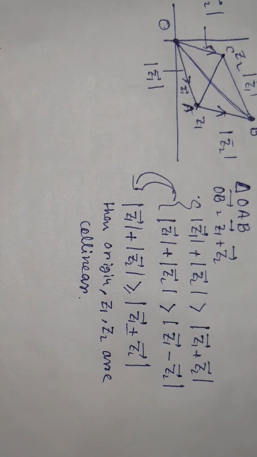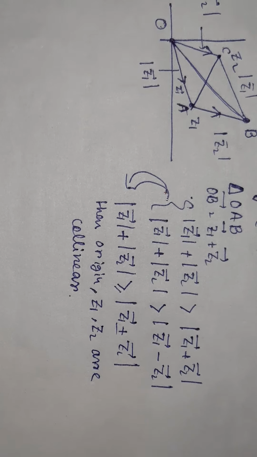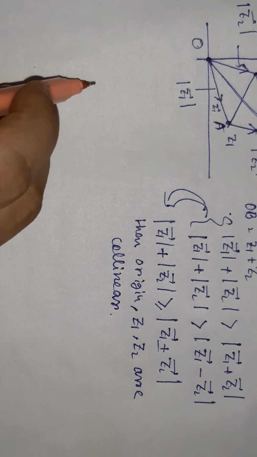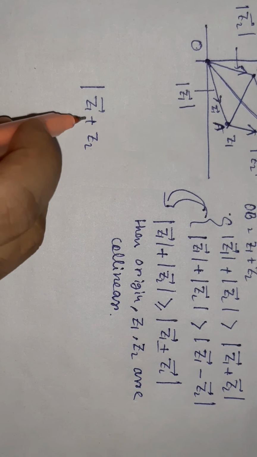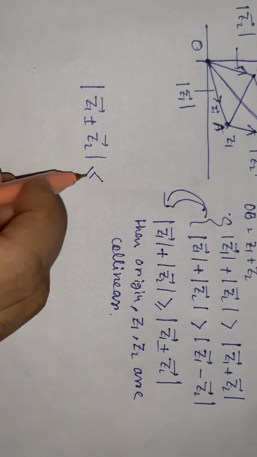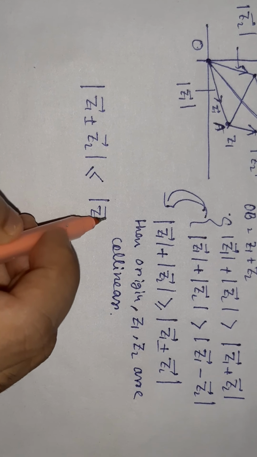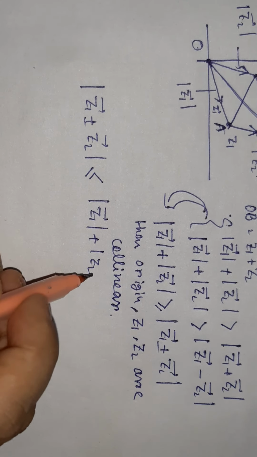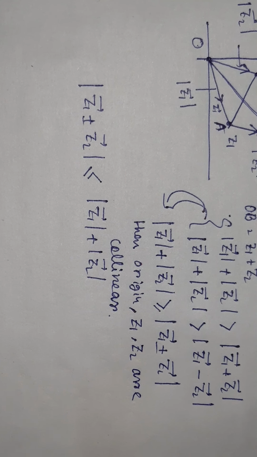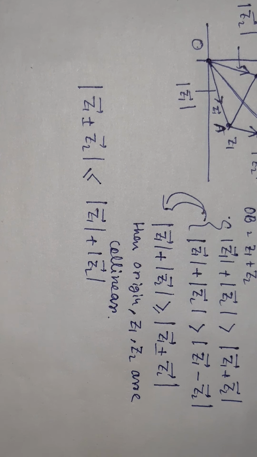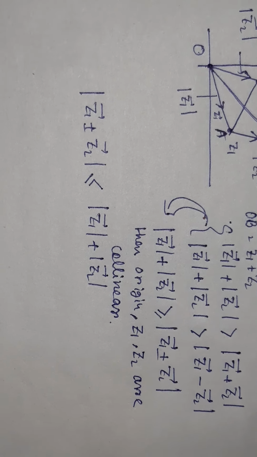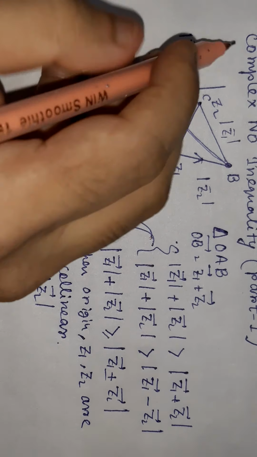So we can conclude that modulus of Z1 vector plus minus Z2 vector is less than or equal to modulus of Z1 plus modulus of Z2. In the general case it is strictly greater than, but for equality, if the origin, Z1 and Z2 are collinear, then the equality sign will also hold. Okay, so this is the first inequality.